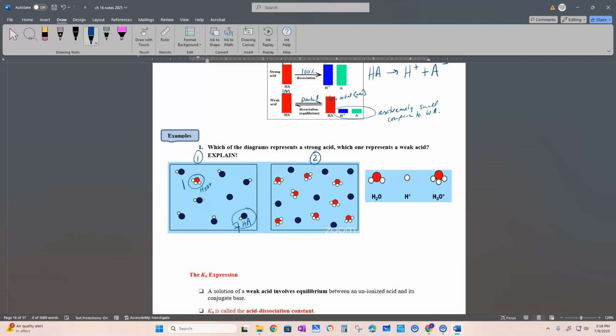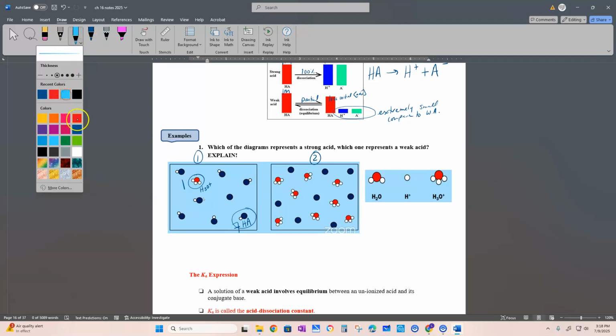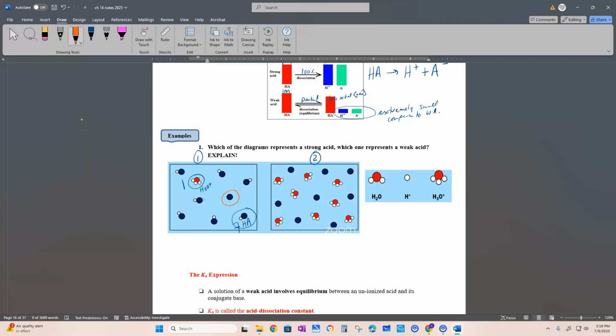The reason why I think that, and I'm going to circle this in a different color, let's go orange, is because notice that one right there, there's no more little white one. So if I had to guess, that's the A minus, okay? So remember, if this is a strong acid or weak acid, that acid dissociates, you get that conjugate base. So I have one hydronium and one of that, and I still have 7 acids.